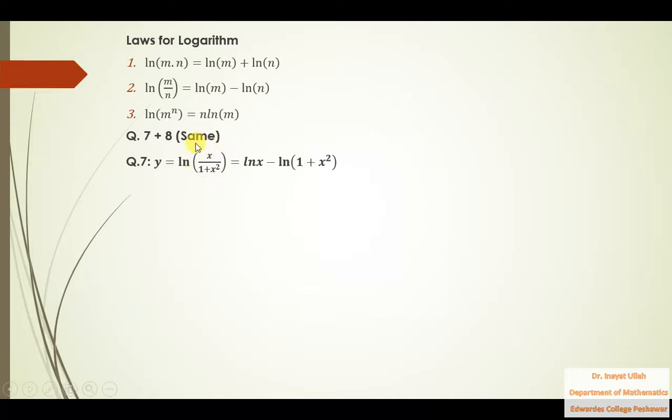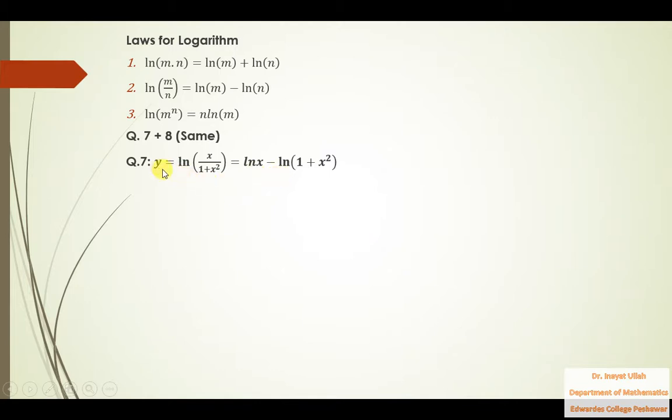So first of all, we need to simplify this function by using the laws of logarithm. We know that log of m by n is log of m minus log of n.